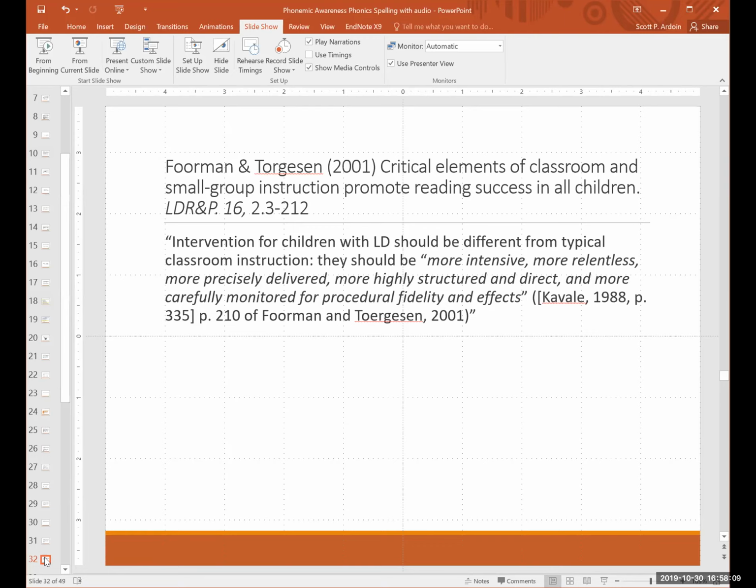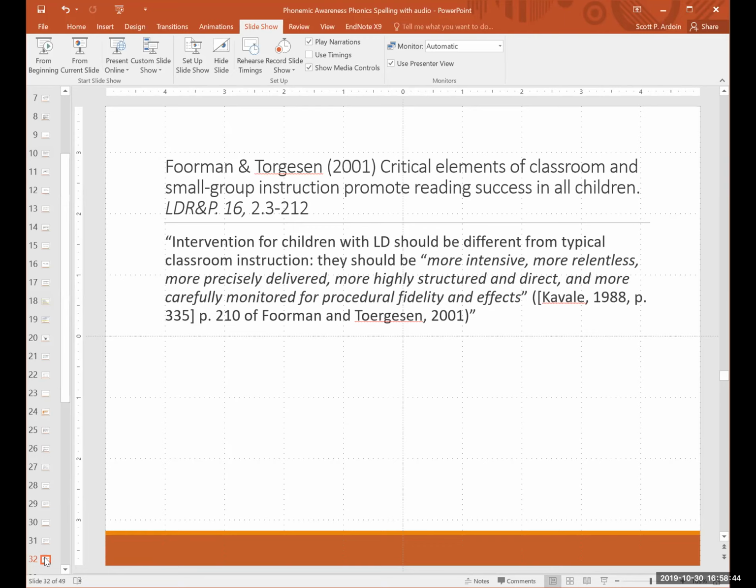So essentially, more intensive means more minutes of it, more opportunities to respond, small group instruction, more directly attending to the specific needs of the student. More relentless means we just don't give up. More precisely delivered means we are really focusing on the skills that we're targeting at the time, specifically at that kid's instructional level or need. It kind of goes into intensity there as well.